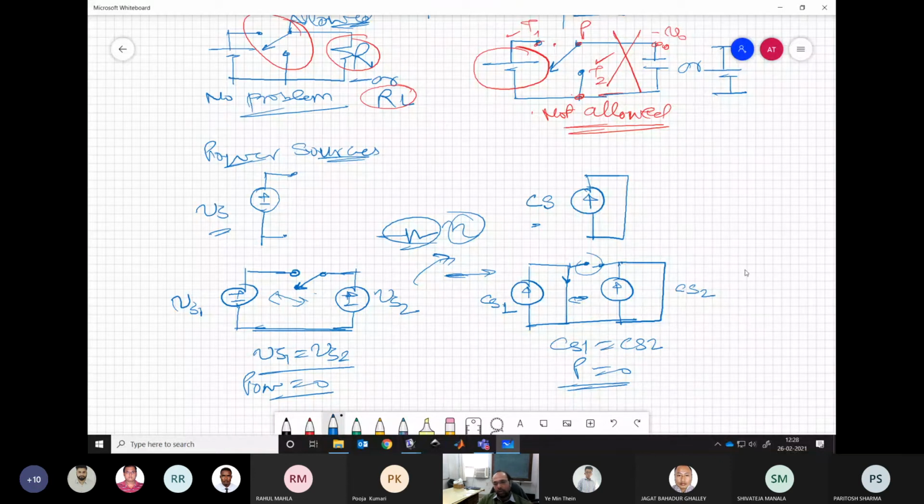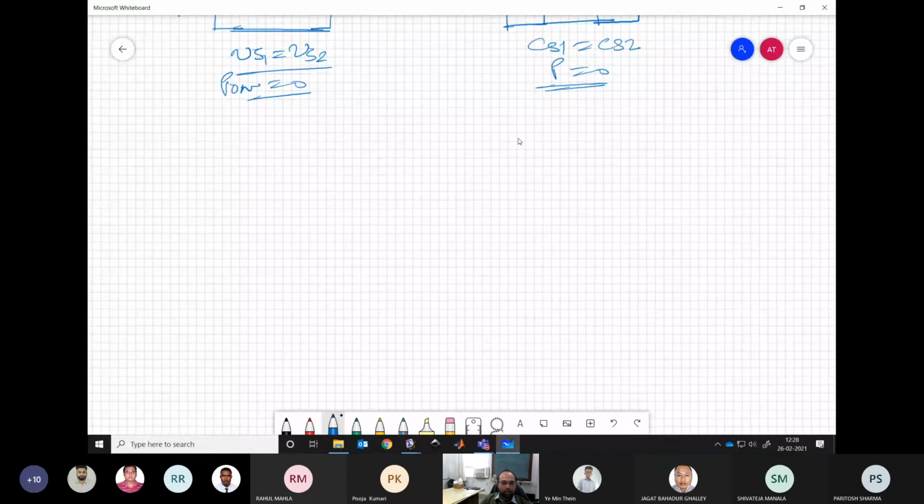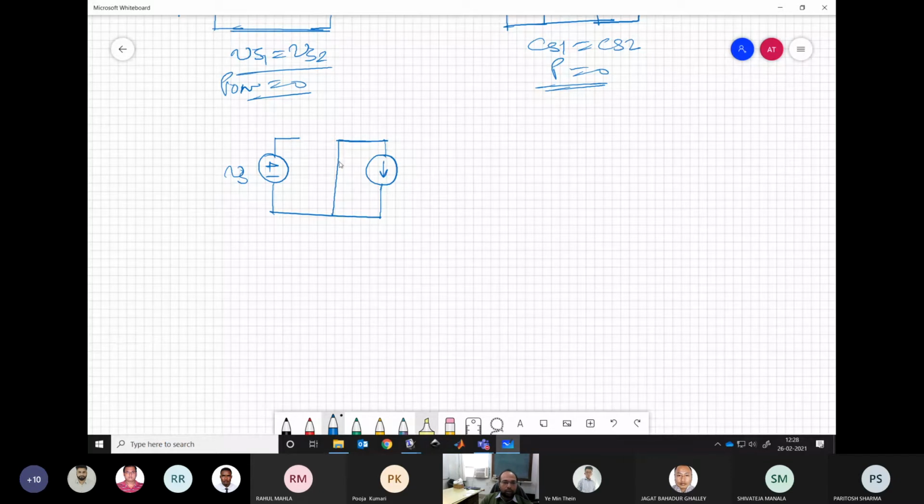One simple arrangement: we have a voltage source available with us and we have a current sink, or current source, whatever way you call it. Because the current source can never be opened, we will always have a switch which will definitely close the path.